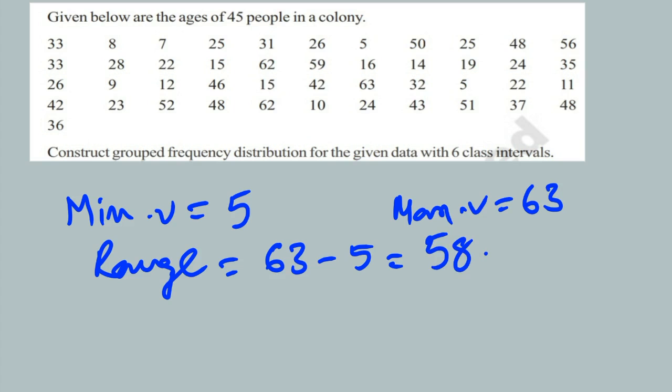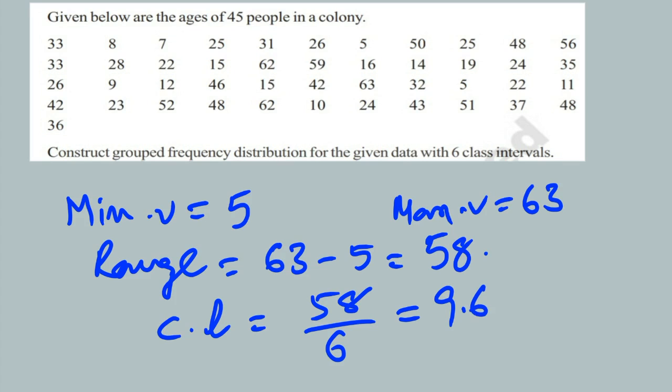After finding this range of 58, we are going to find the class length. To get the class length, divide the range by how many class intervals? Already in the question they want 6 class intervals. So if we divide the range by the number of class intervals, we get the class length. If we divide 58 by 6, we get nearly 9.6.